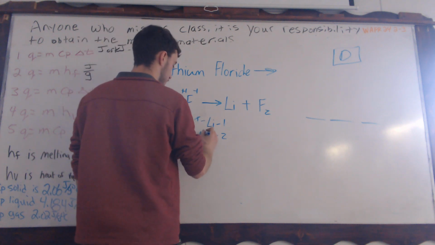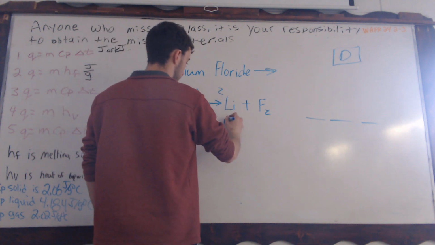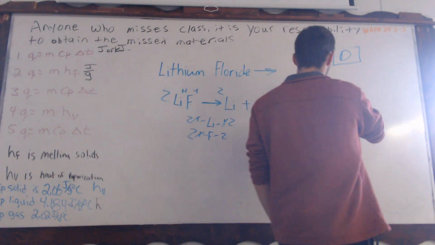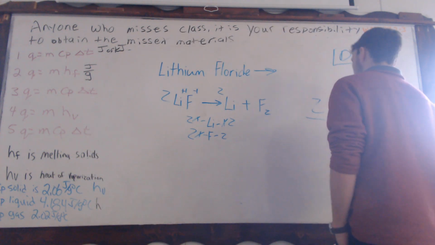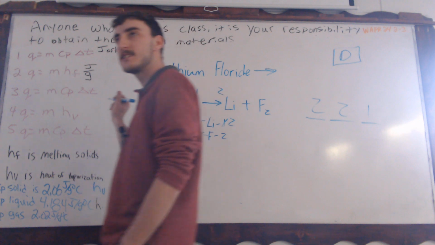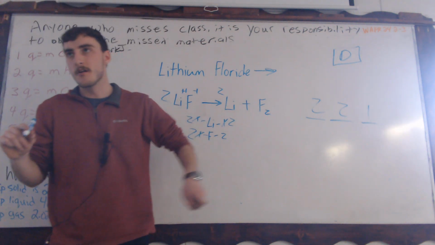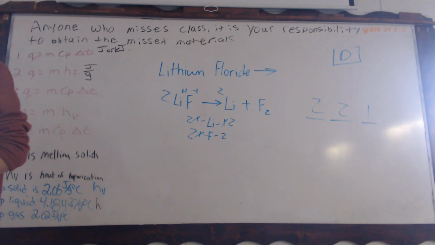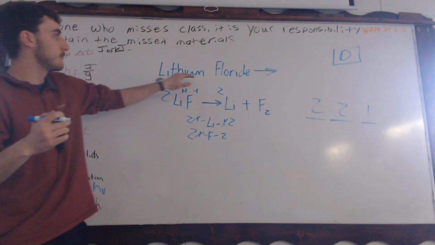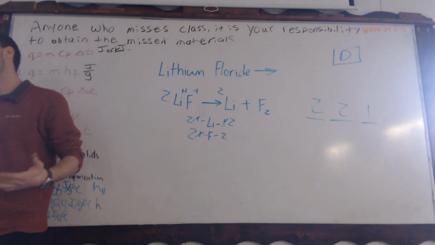So this doubles, and then we're going to double this to get 2 lithium. So it's going to be 2, 2, 1. Did everybody get this? If not, I'm guessing that was your error. Yep. So when I give you one word, or 2 words, I guess it is, and it's just lithium fluoride, it's going to be a decomposition every time.